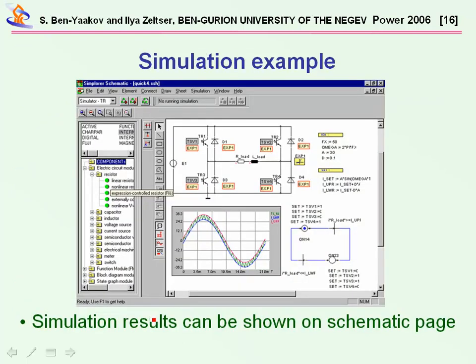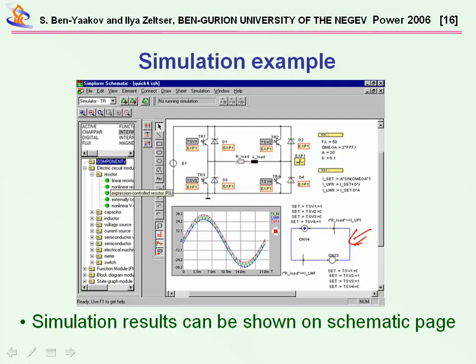Here is an example. This is a bridge, and control here is by hysteresis. We see here the implementation as a state machine of the hysteresis.